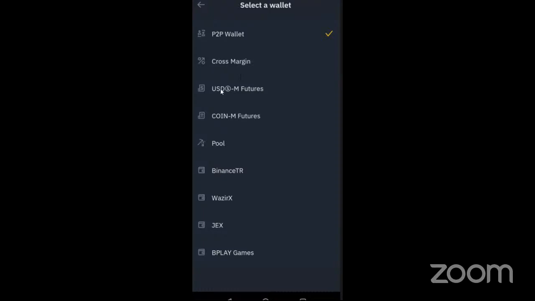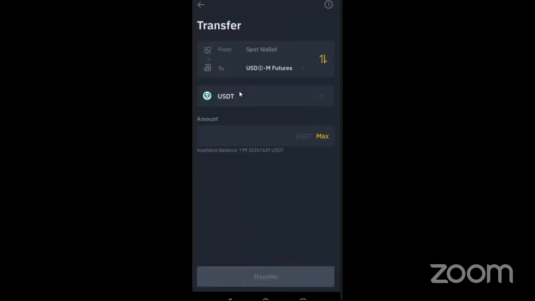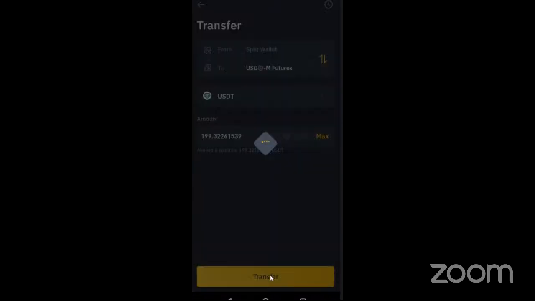So you select this USD-M futures, and we currently have approximately $200 right there. You can just click on max, and I want to take the whole of what we have in our wallet to the futures wallet.